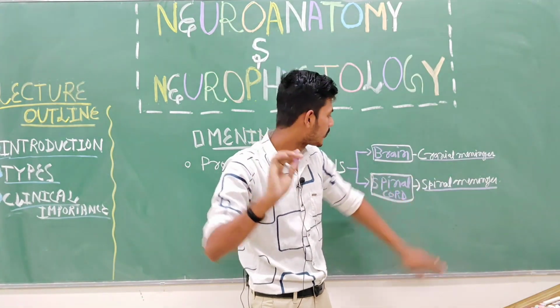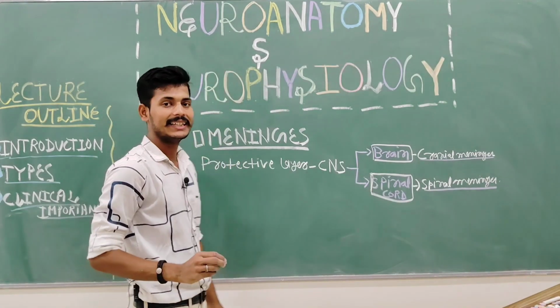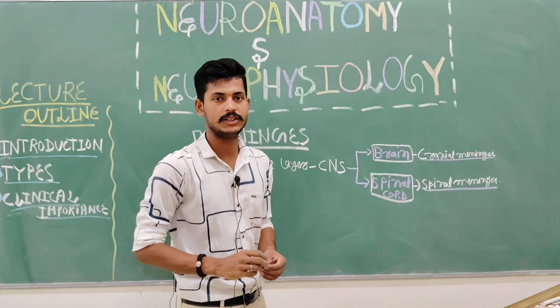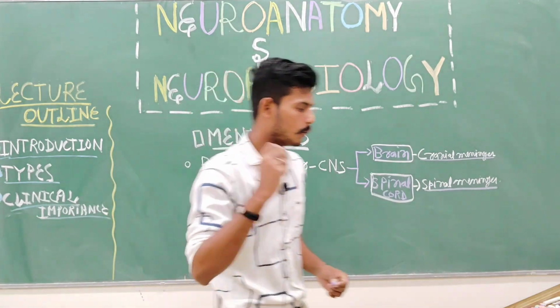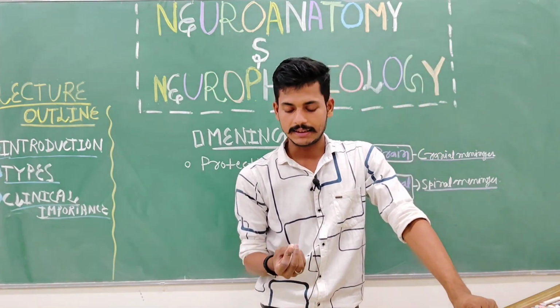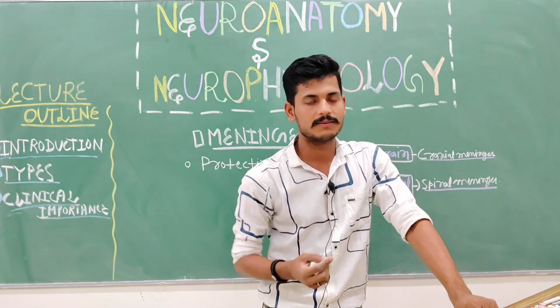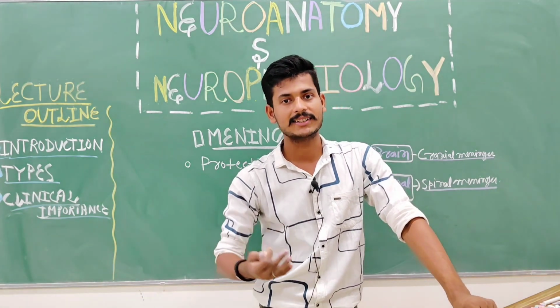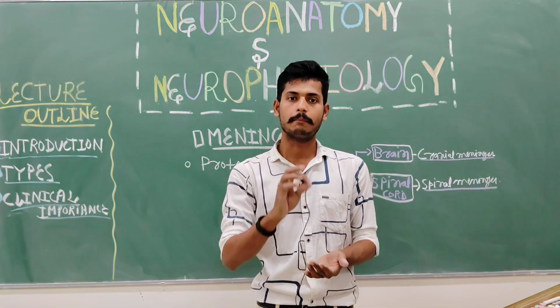Understand? No problem. Now, these meninges are membranous in nature. What do I mean by a membranous structure? See, there is not one layer present. There are three layers, and these three layers are a membrane type.